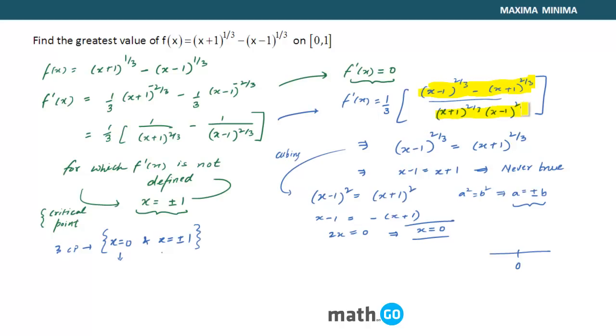The denominator is completely a positive quantity, because here you are having power 2 by 3. Power 2 by 3 will make everything positive, because you will do the square and then take the cube root and they are multiplied, right? So the denominator is positive. Whatever sign will come will be only from the numerator.